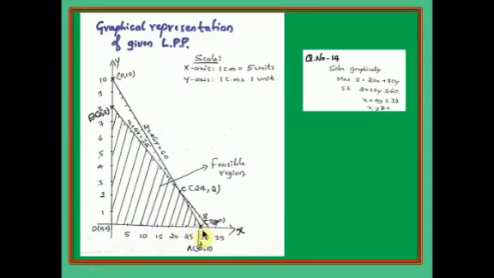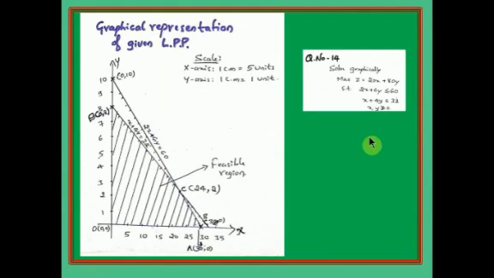Here it is (30, 0), because 30 is the x value and the y value on the x axis is 0. Then these two points have to be joined with a straight line. After doing that, the representative equation has to be written. This particular line is nothing but 2x plus 6y is equal to 60.